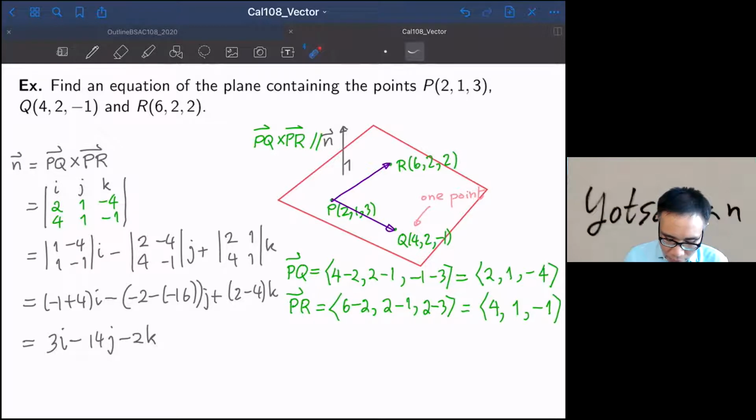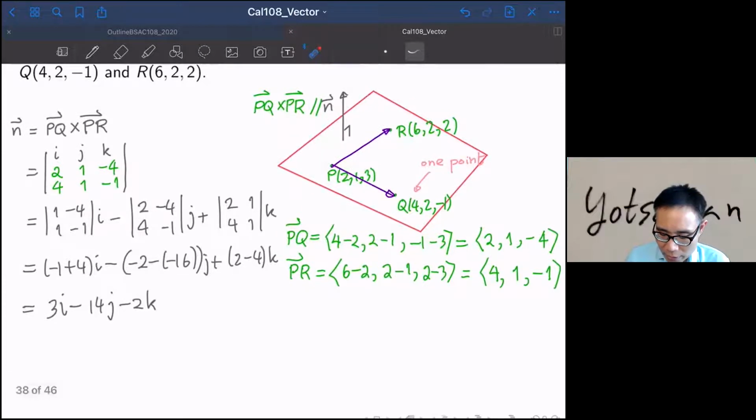The next one is going to be 12 minus 14 plus 2, so it's going to be 0, it's also correct. So this will be the normal vector, and the point that you have here is going to be 4, 2, and negative 1.